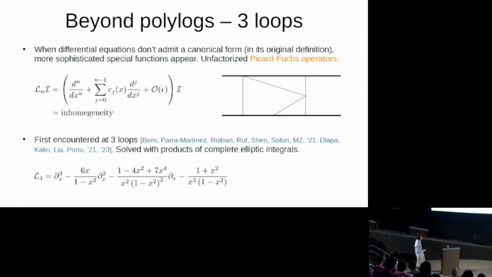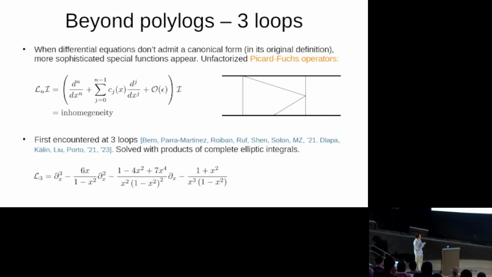So at 3-loop order, we actually need to go beyond the canonical form and the polylogarithmic solutions. One of the many ways to see the problem is through the Picard-Fuchs operator. In the original form of the differential equations, I wrote down a linear ODE for n master integrals, and you can easily turn this into an nth order differential equation for just one master integral, and this gives you the Picard-Fuchs operator.